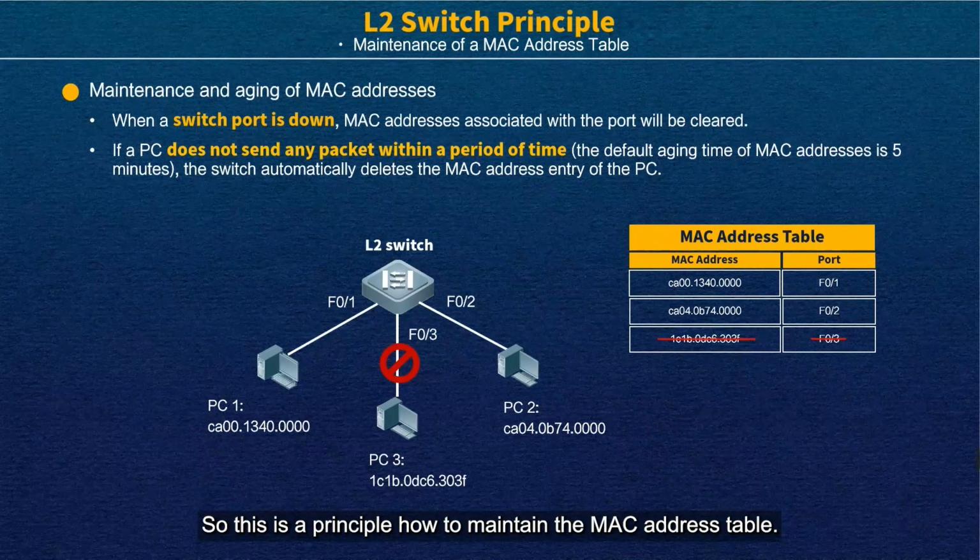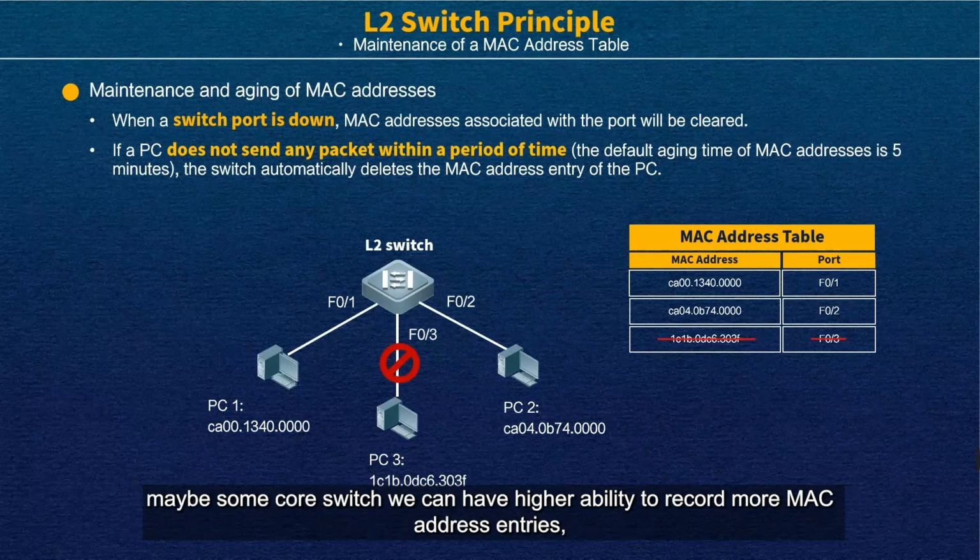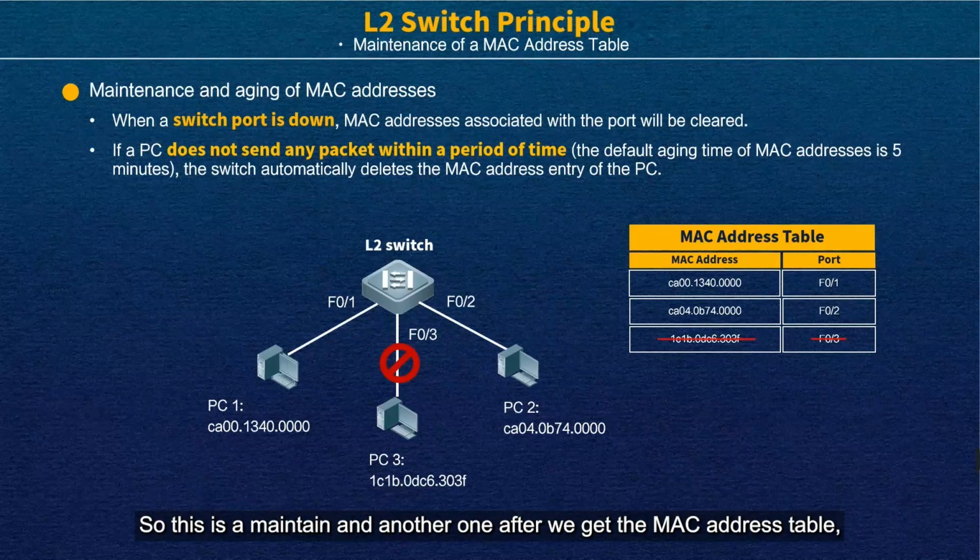So this is the principle of how to maintain the MAC address table. Why do we have to delete the entry if we don't receive messages? Because this is also a limitation parameter of the switch. Maybe some core switches have a higher ability to record more MAC address entries. So this is maintenance.